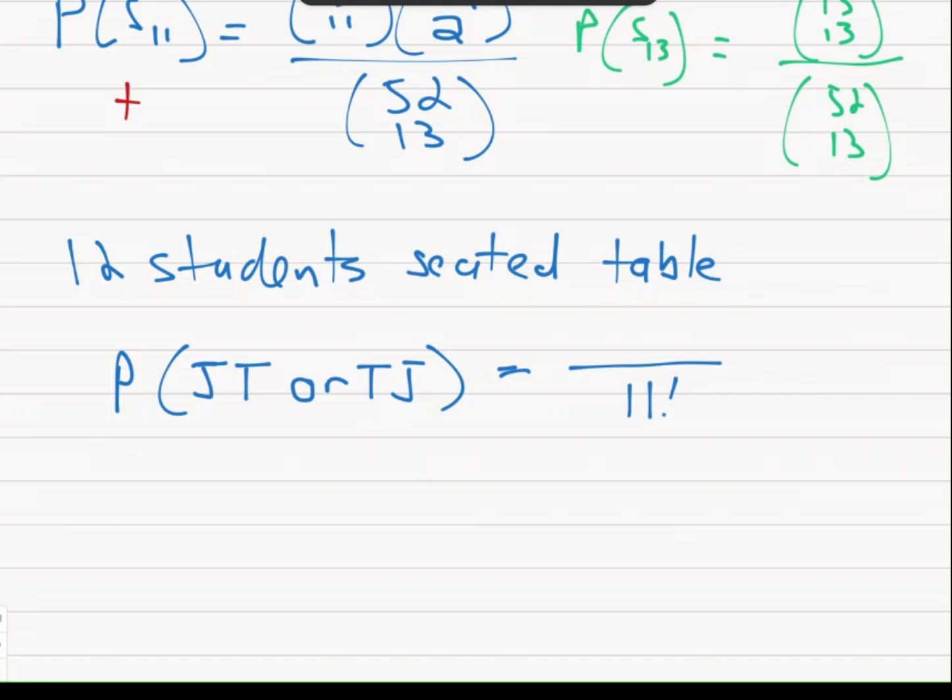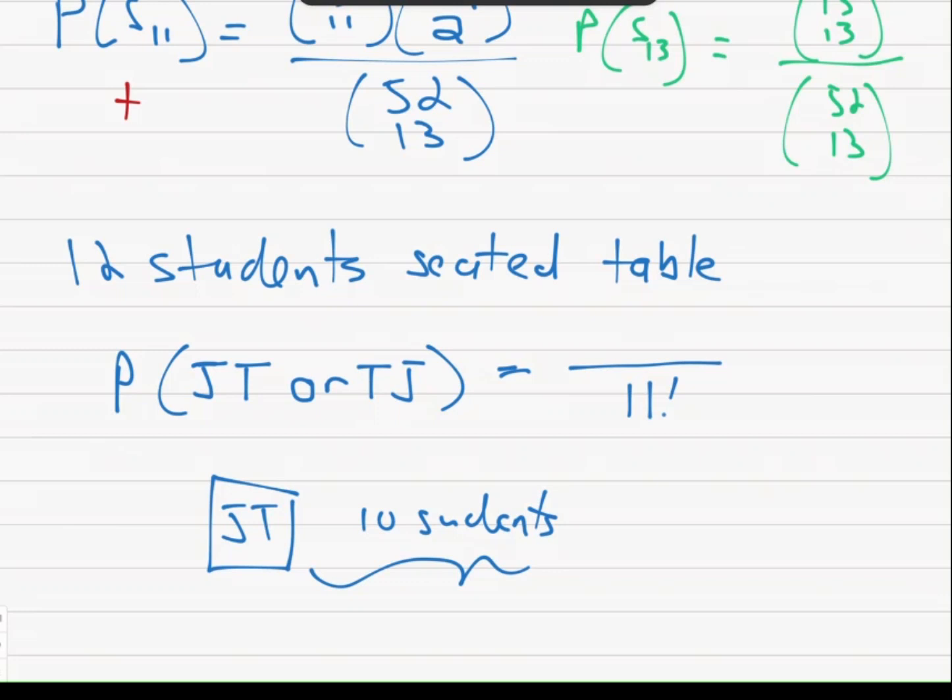Okay, and so then how many of these are we'll put these two together? Well, think of it this way: we'll think of J and T as a single unit, and then there are 10 other students. So now if we think of J and T together, right, think of them as a couple. We have a couple and 10 other students.